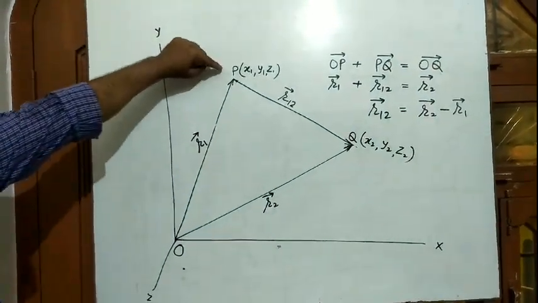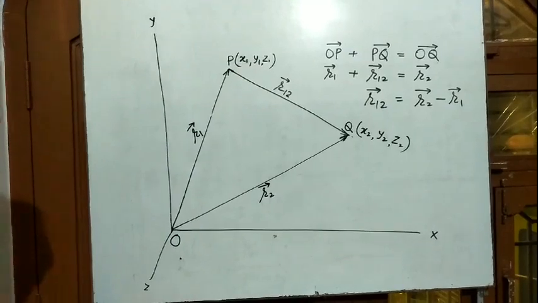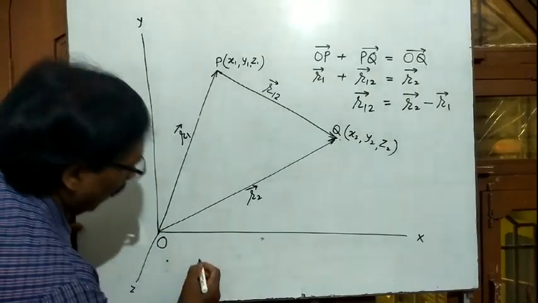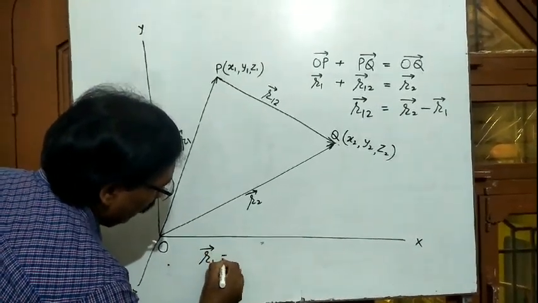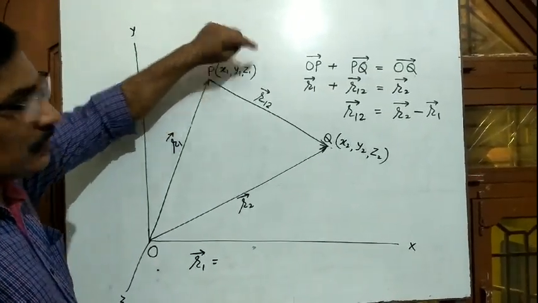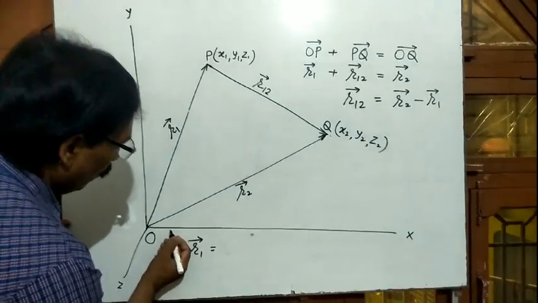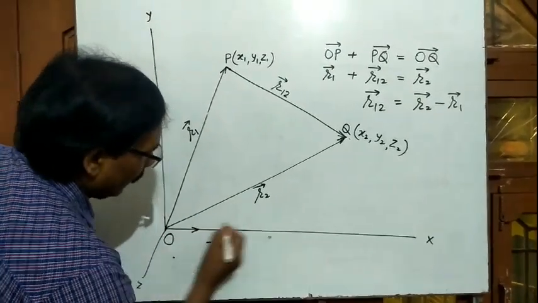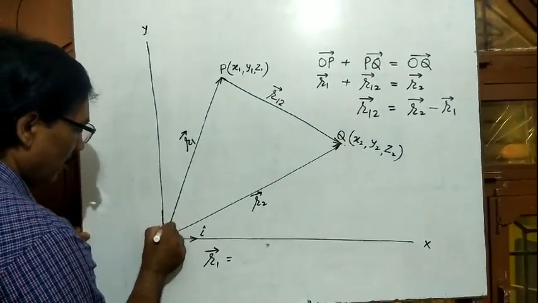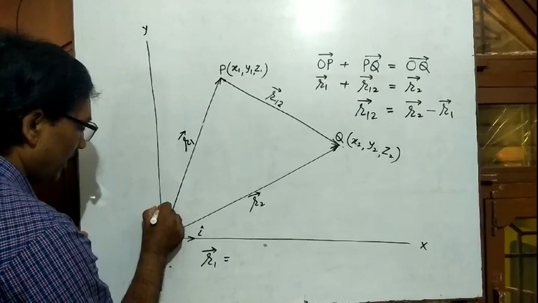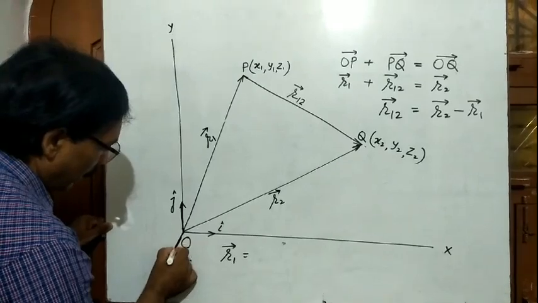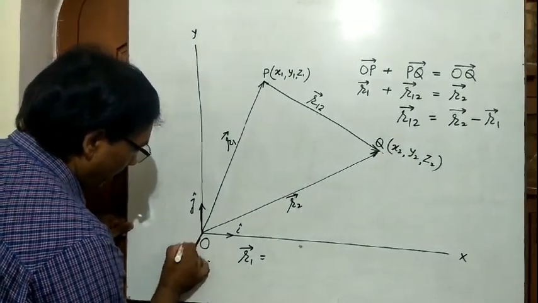Here we have taken P as x1, y1, z1. So this position vector R1 will be equal to how much? This is x component, this is y component, and this is z component. As you know that we denote unit vector in x direction by i cap, in y direction by j cap, and unit vector in z direction as k cap.